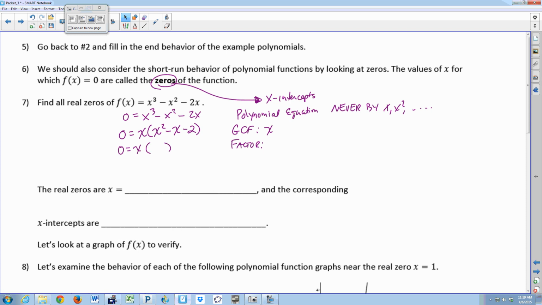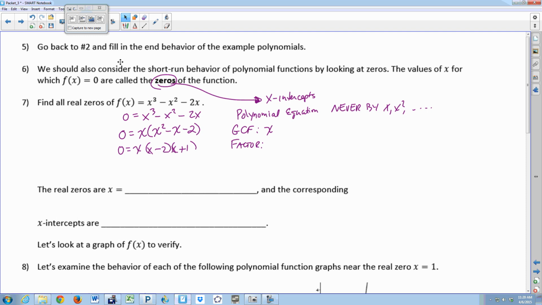Well, what are the factors then? x minus 2 times x plus 1 is x squared minus x minus 2.